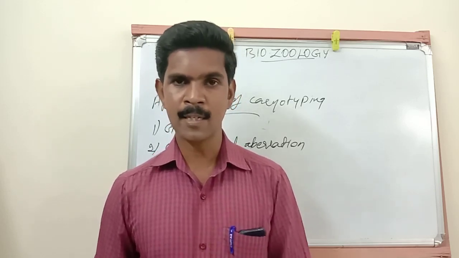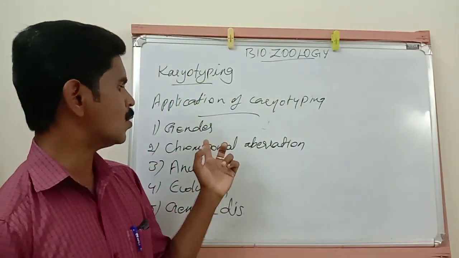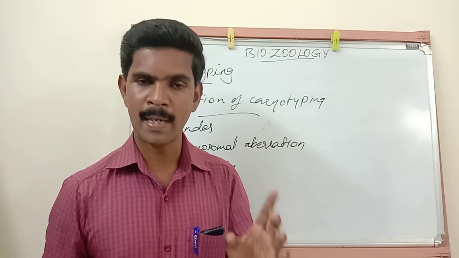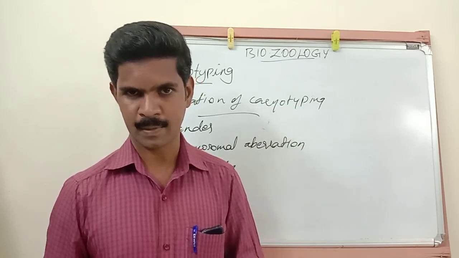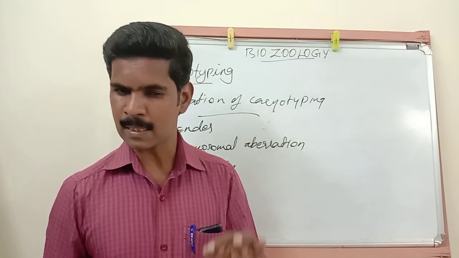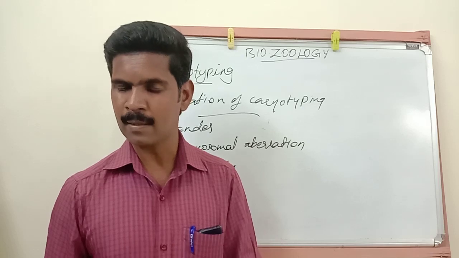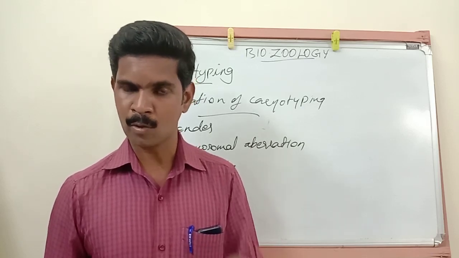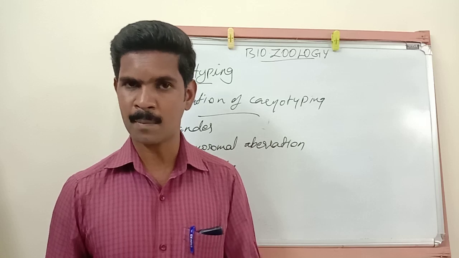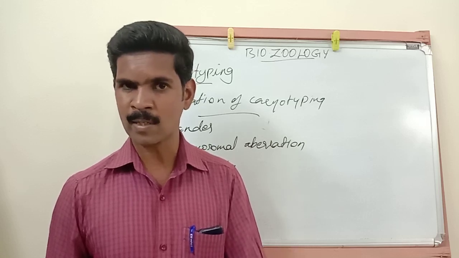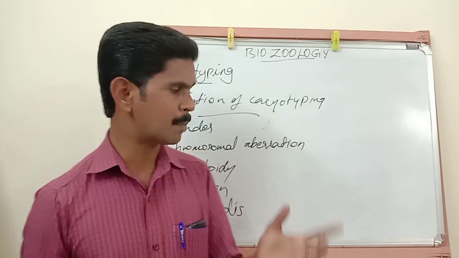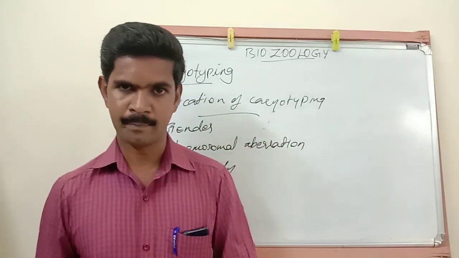The second use is to identify the chromosomal aberration or chromosomal abnormalities, to understand the chromosomal abnormalities of the human cell. Many examples I said: deletion, translocation, duplication. These are some of the examples of chromosomal aberration.